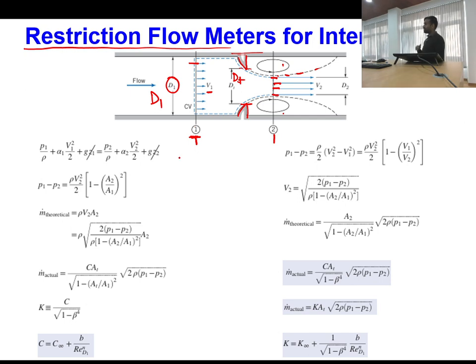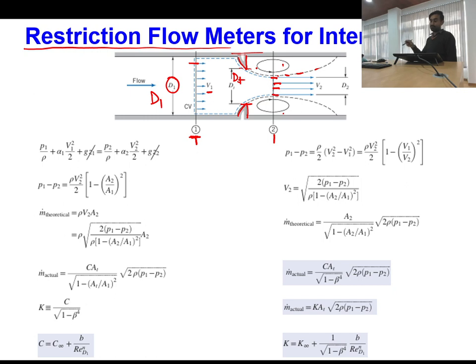So for the same pressure condition to be satisfied, streamlines must be straight. This is something which we have discussed earlier. If we have a curved streamline, then at the two ends of the streamline we will have different pressure. But if we have straight streamlines, then we will have the same pressure throughout the entire cross section.